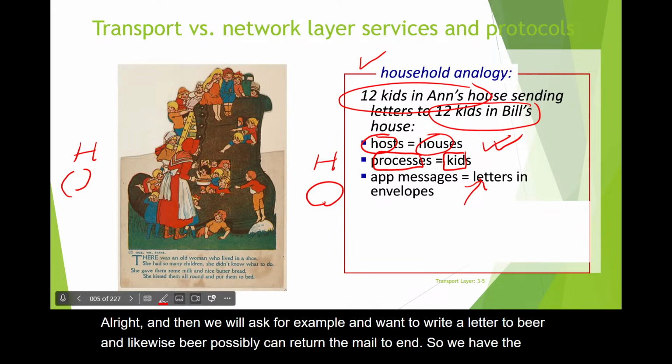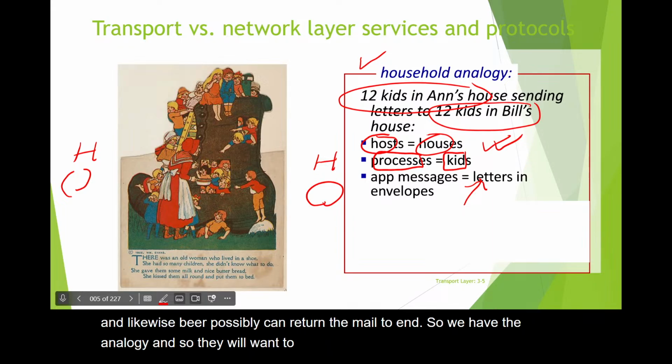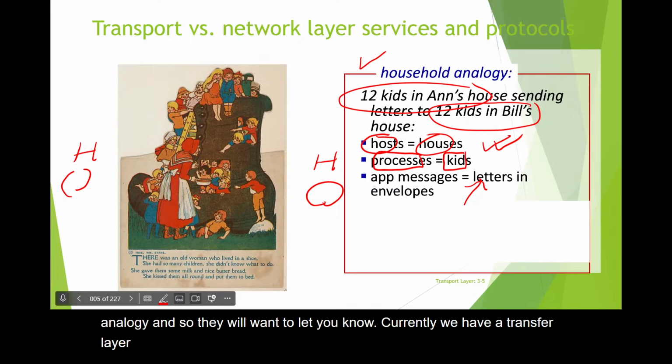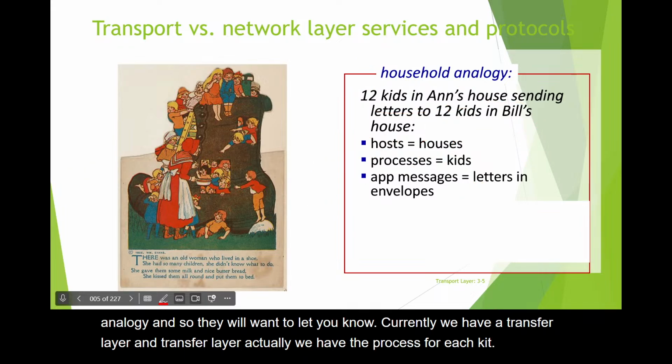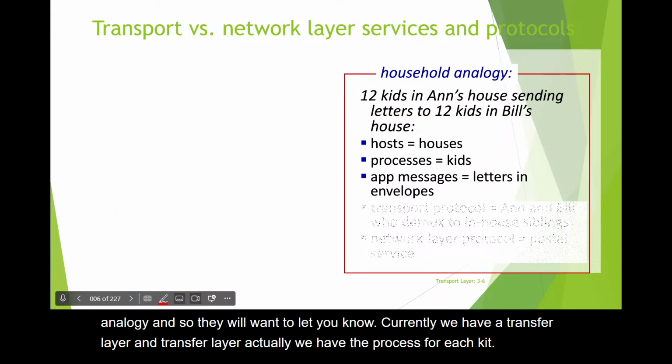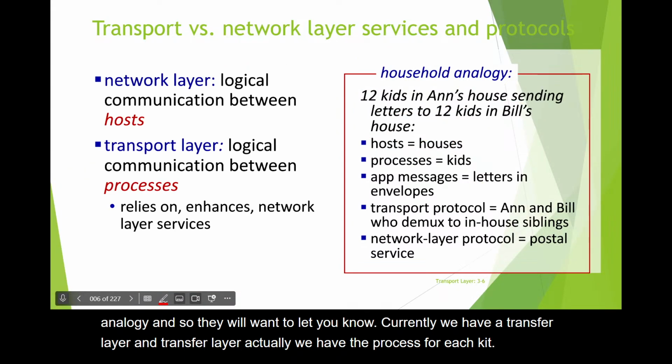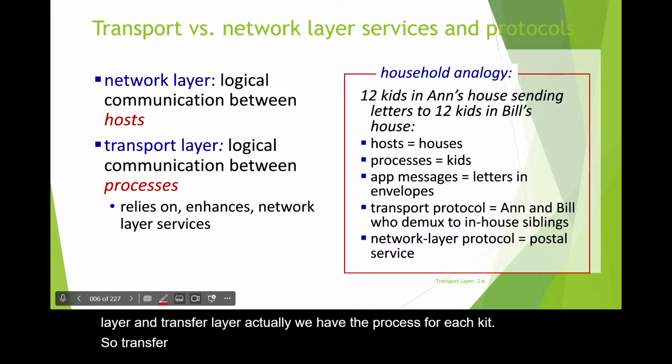So we have the analogy. And so currently we have a transport layer, and in the transport layer, actually, we have the process for each kid. So for the transport protocol, Alice and Bill need to do something.